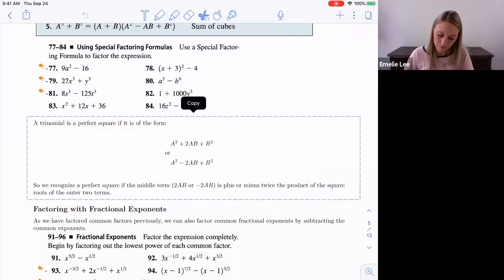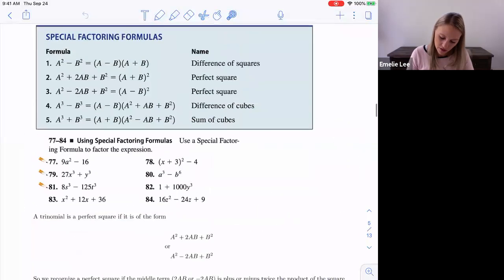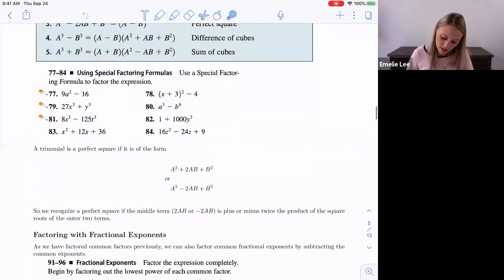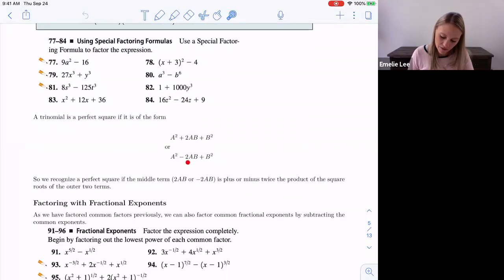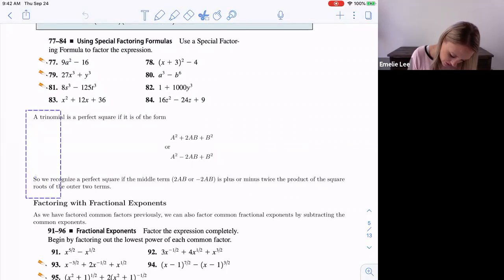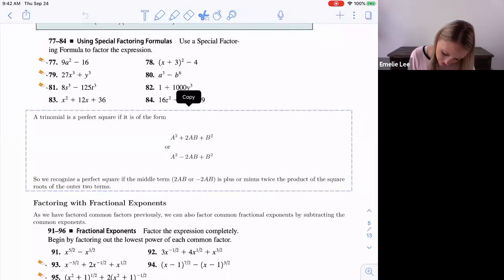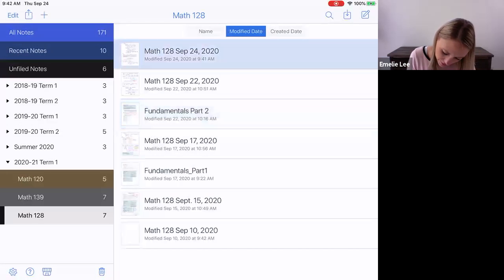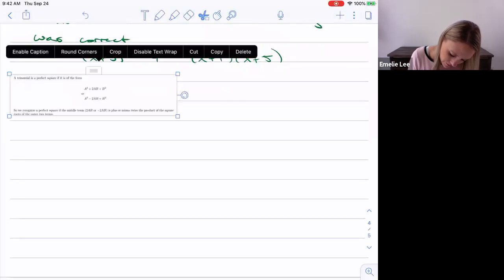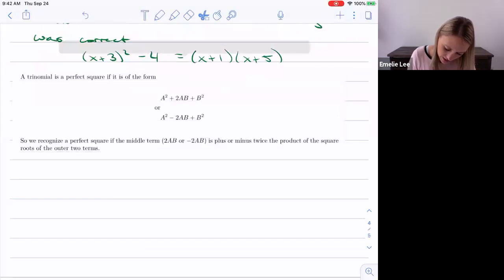So up above here, these two are perfect squares, which we already talked about, right? So a plus b squared and a minus b squared, those are perfect squares, and they have the same sort of pattern. Okay? So I'll put it in our notes, but not really going to do anything about it. Just being able to recognize those perfect squares is good.